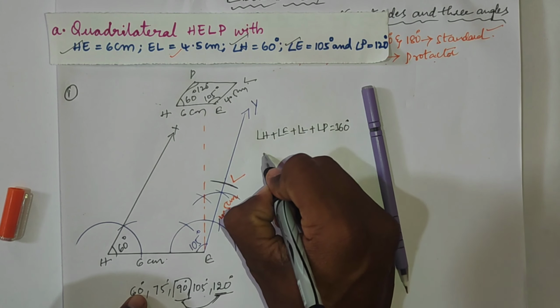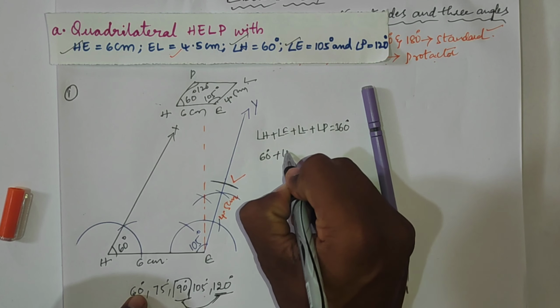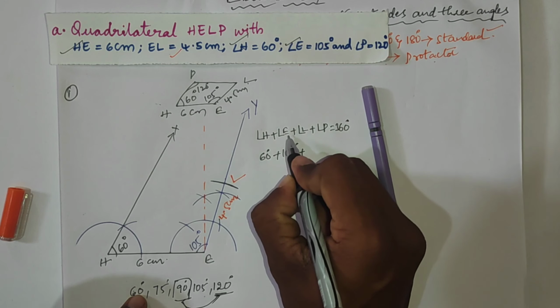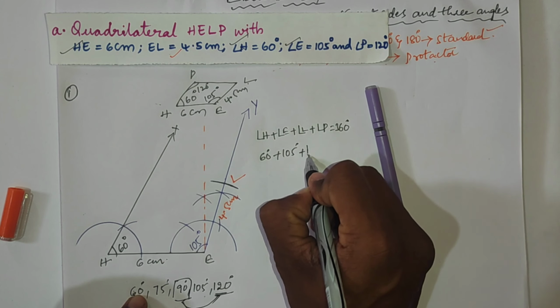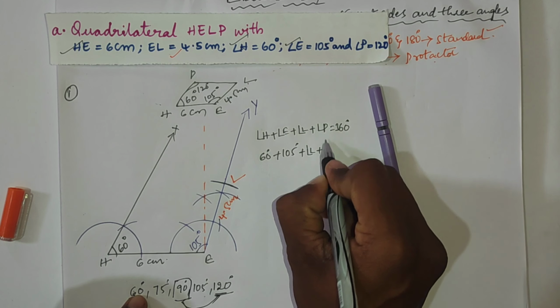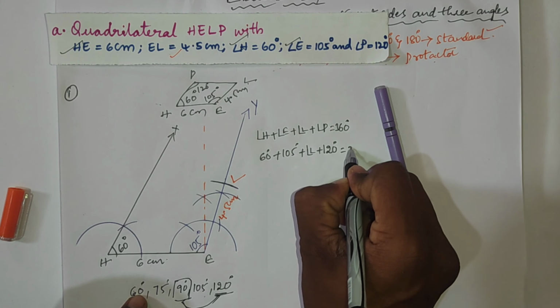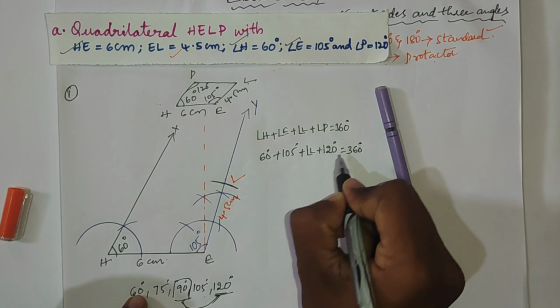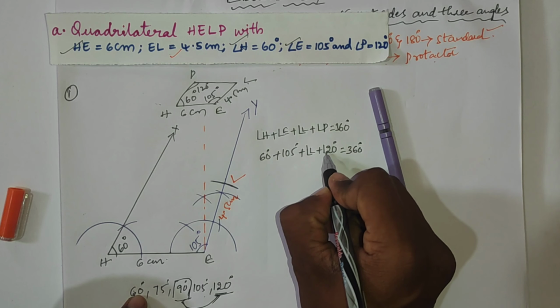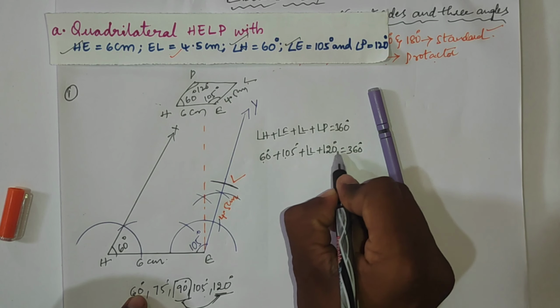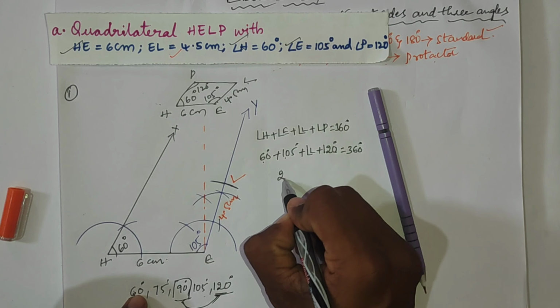That is 60 degrees plus 105 degrees plus angle L, which we don't know, plus angle P, which is 120 degrees, is equal to 360 degrees. Now adding: 100, 200, 260, 280, 285.